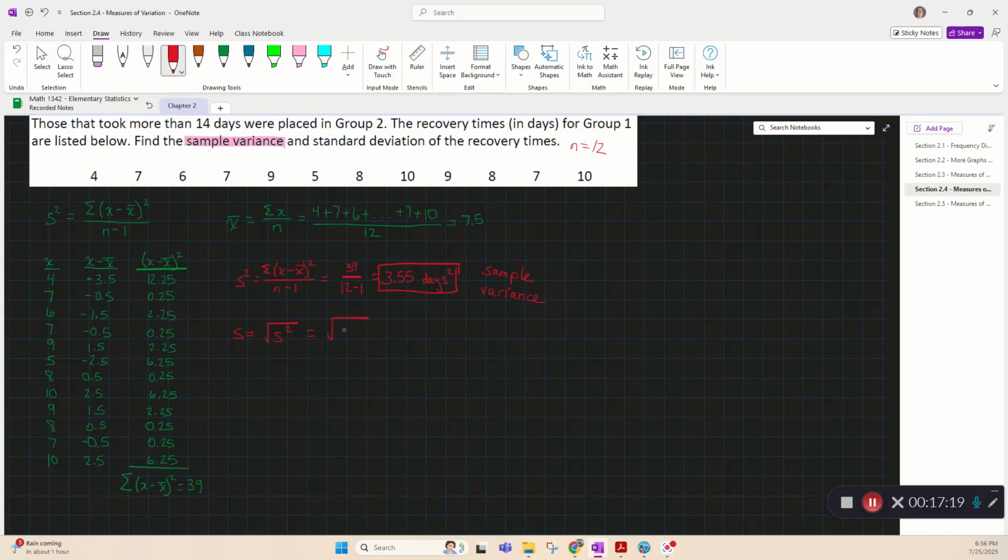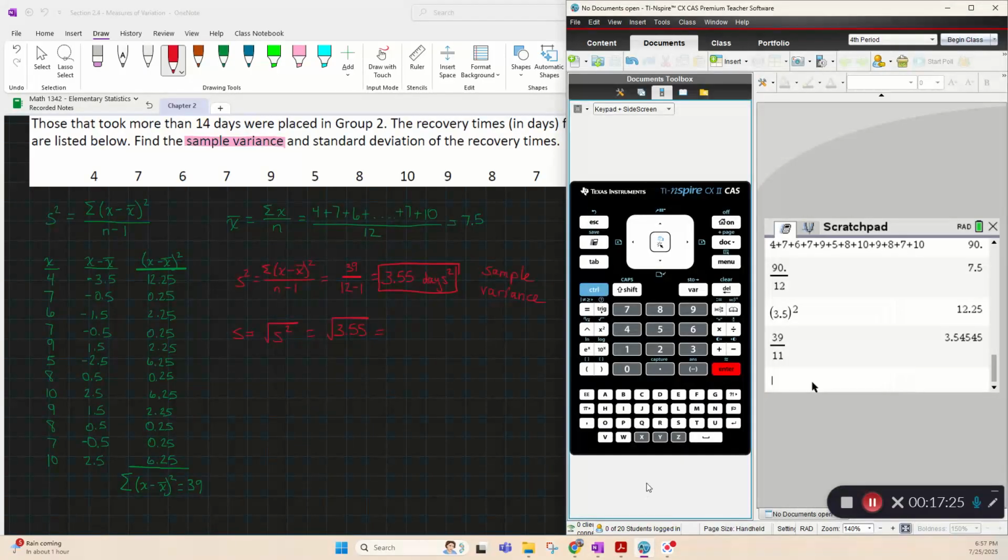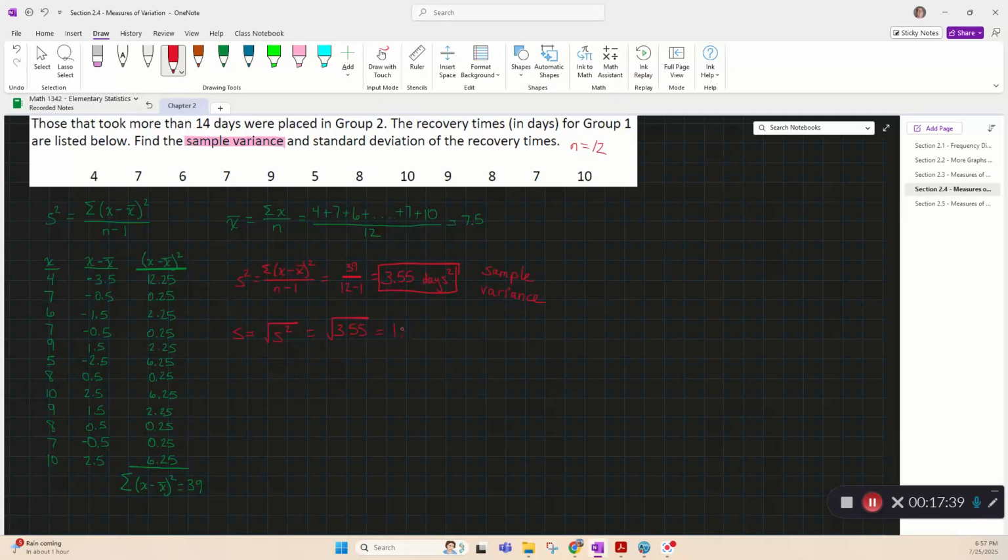So that's going to be the square root of 3.55. With me using a calculator here, I like to use the whole number. So I'm going to do control square root, go up and grab the full value, and it's going to give me 1.88. 1.88 days. So there is my sample standard deviation.